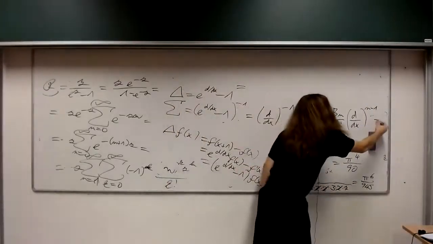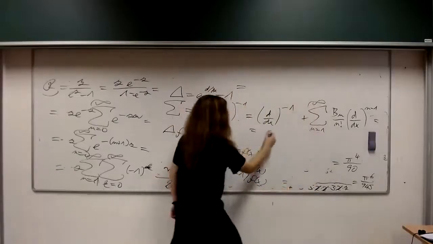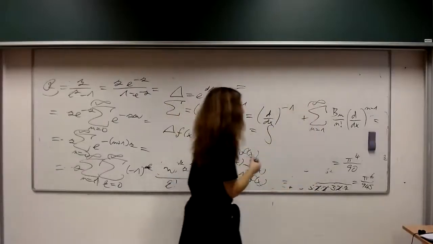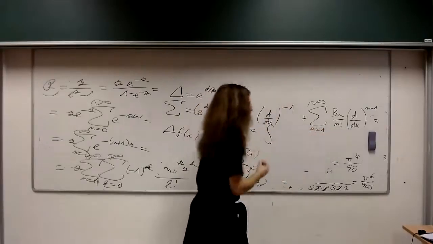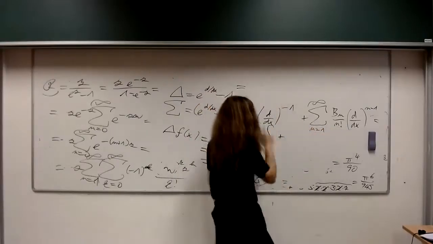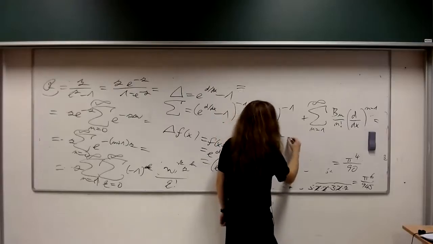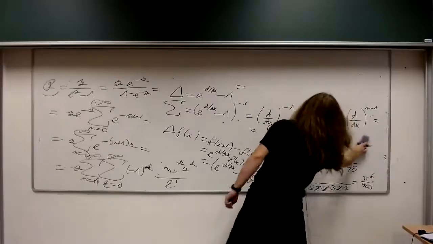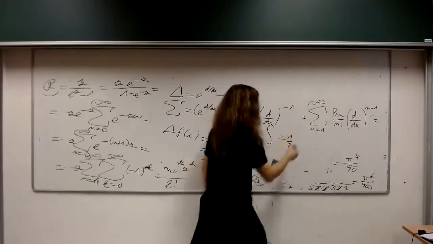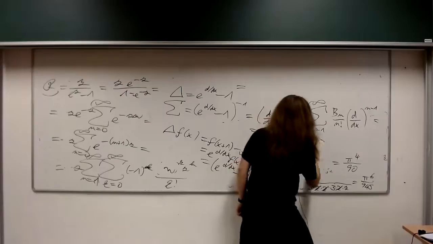The inverse of the derivative is an integral, so let's write it like that. And here, the 0th derivative is just the function itself. So here we have just 1/2, oh, there should be a minus, because B_1 is minus 1/2. And then we just have the rest.